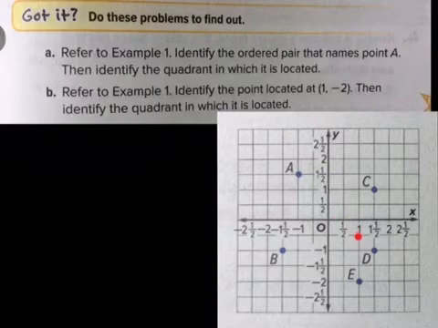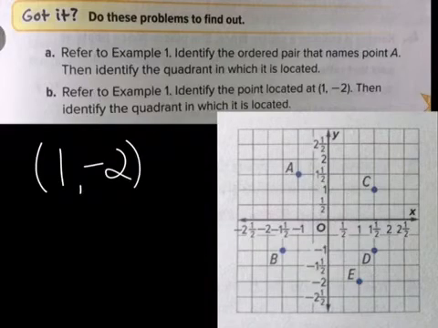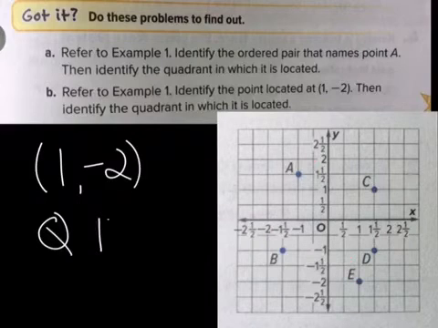So we have a half here, and then 1, and then negative 1.5, and then negative 2. So we have positive 1, negative 2. And what quadrant is it in? It's located in quadrant 1, 2, 3, 4. Quadrant 4. And that's written as IV.